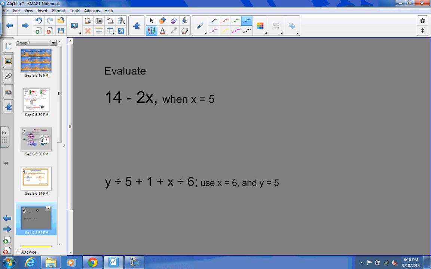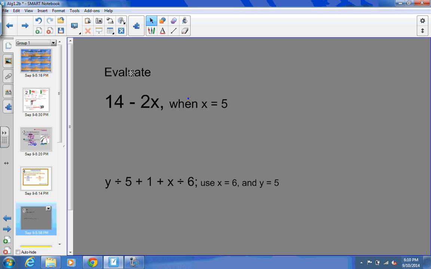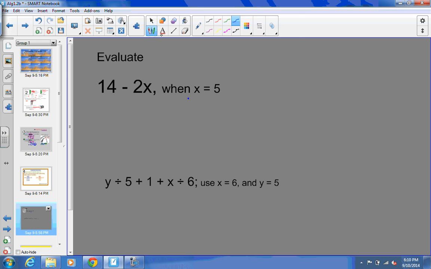Now I have a couple more examples here. The first one says 14 minus 2x. Simplify that when x equals 5. So the first step is plugging it in, or substituting.